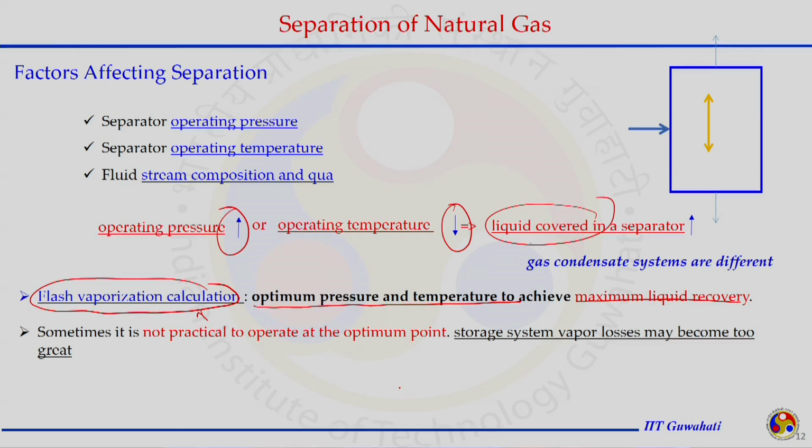If we perform that calculation at different temperature and pressure conditions, we can see how much liquid is going to be recovered. Or, put another way, the flash vaporization calculation gives us the method to calculate, at a particular temperature and pressure for a particular fluid stream, how much liquid and how much gas volume is going to be treated by a particular separator.